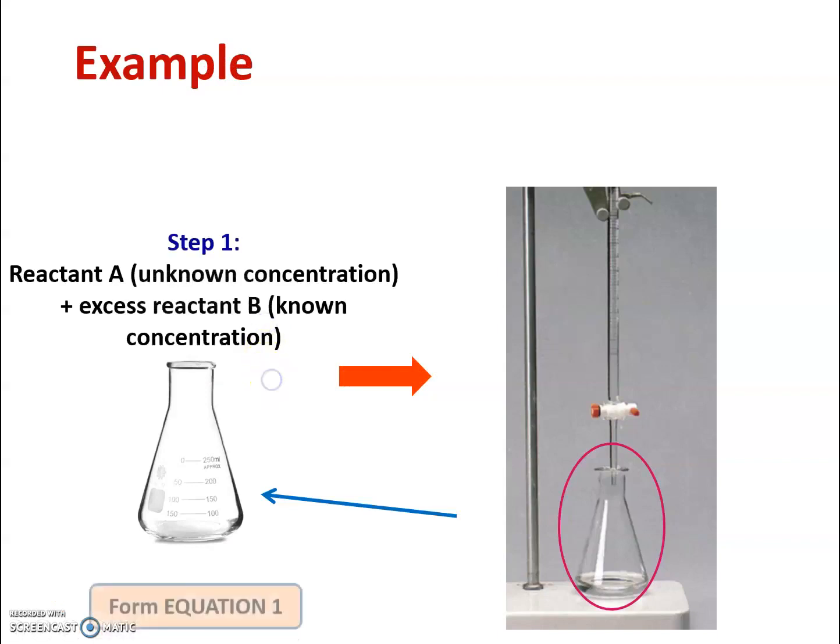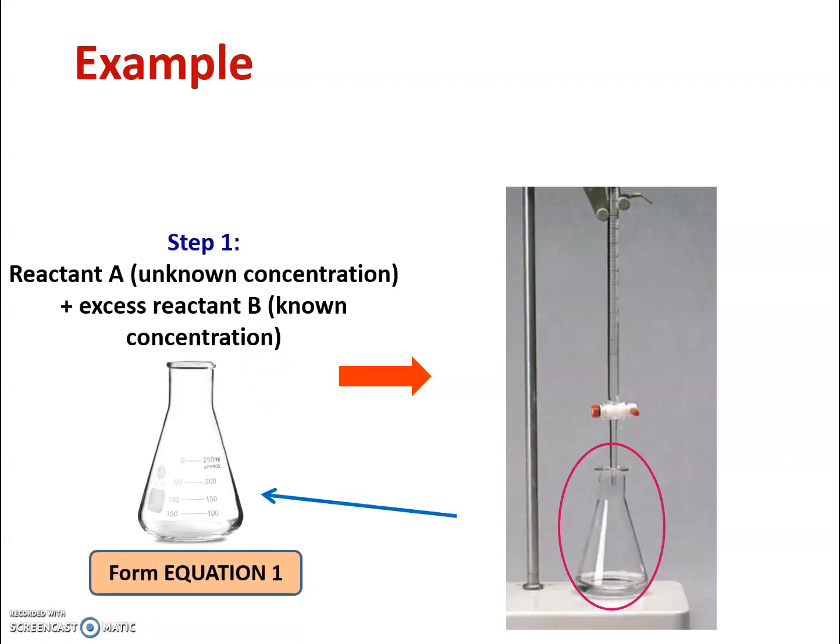Okay, for back titration, there are two-step reactions involved. First step is reactant A or analyte will react with excess standard reagent. Okay, so when the reaction is complete, the first chemical equation occurs.